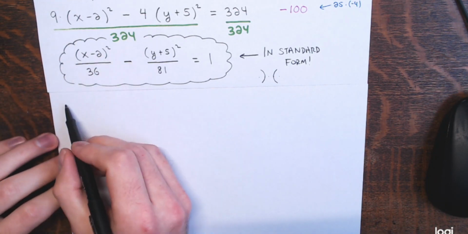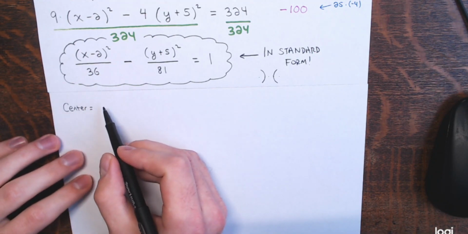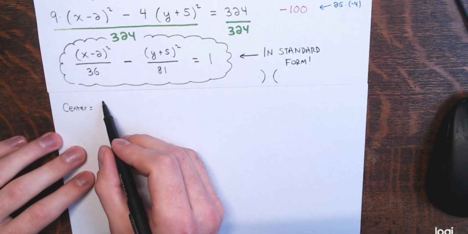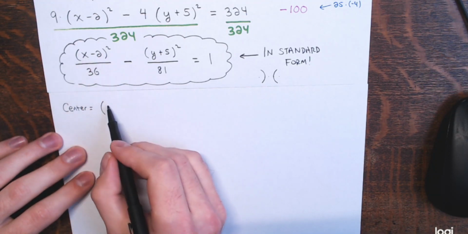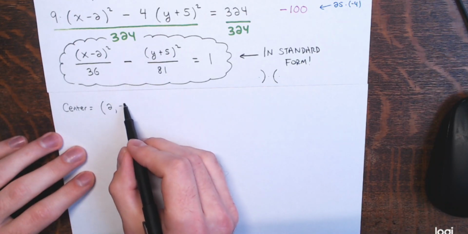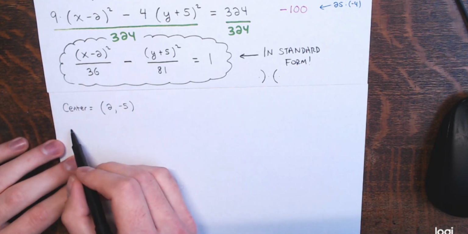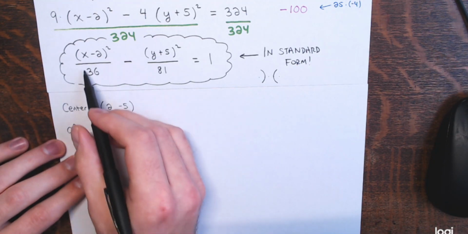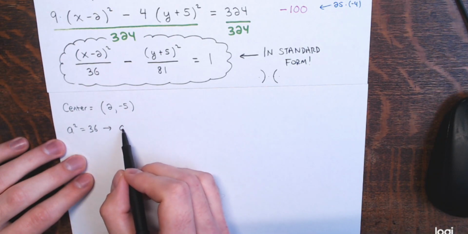All right, so the center, once you're in standard form, a lot of things should be easy to identify. The x coordinate of the center would be positive 2. The y coordinate of the center would be negative 5. The value of a squared, that first denominator under the positive term, is 36. So a must be 6.